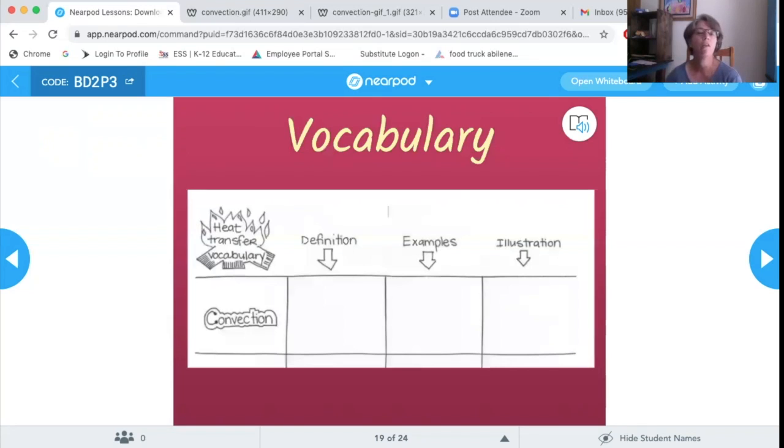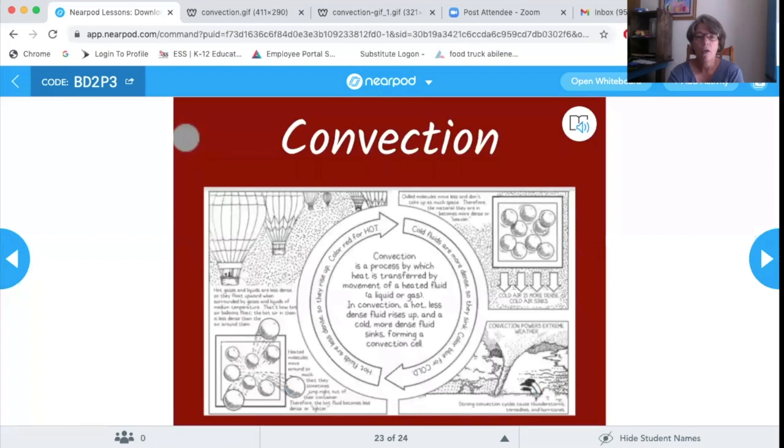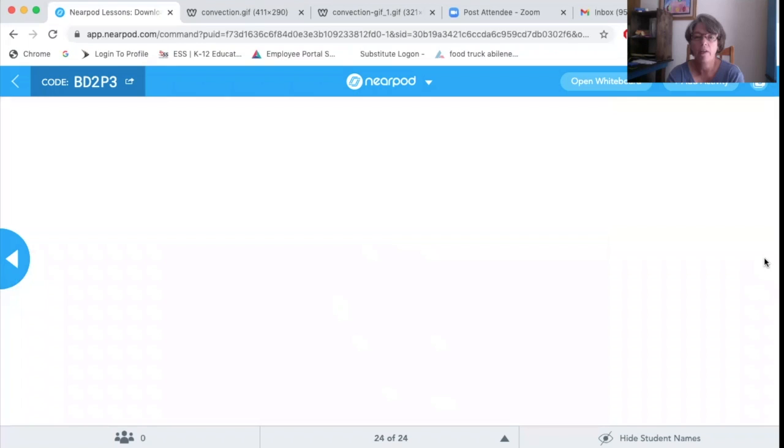Okay, the second thing that you're going to be doing for me is continuing in your vocabulary folder. All right, so that is the second thing that you're going to be working on for me. The last thing that you're going to be doing for me, and if you need to look over some of the information, I included a page that is a synopsis of everything that we've been talking about today. So definitely reread that.